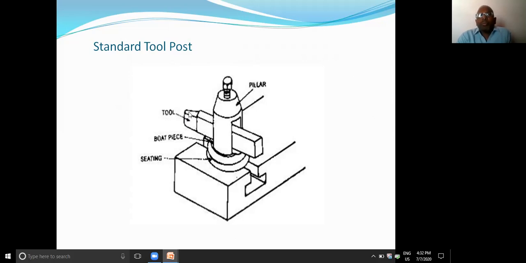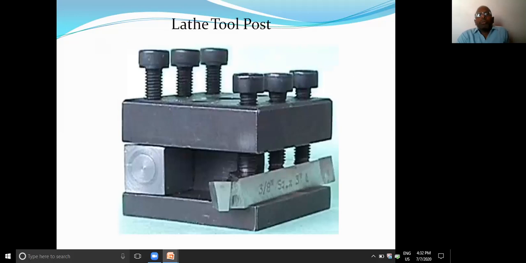Suppose instead of using the standard tool post, we use a 4-way tool post. The required number of cutting tools, up to a maximum of 4, can be placed, and the height of each is adjusted by using the board piece. To keep the cutting tool in a constant position, these Allen screws are adjusted at the required position.